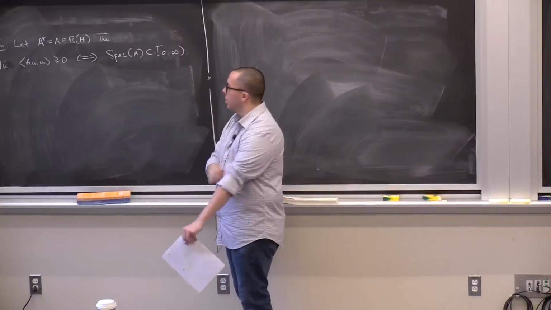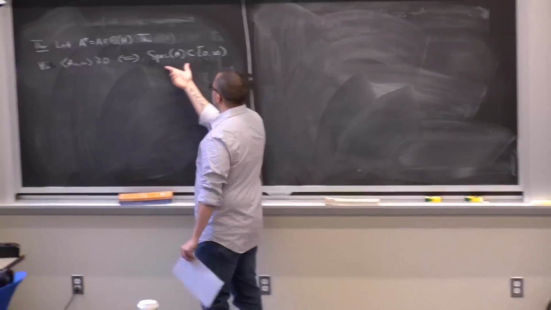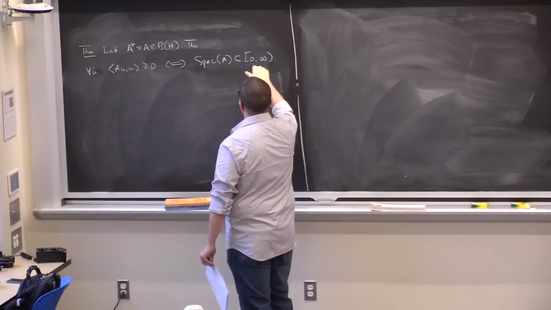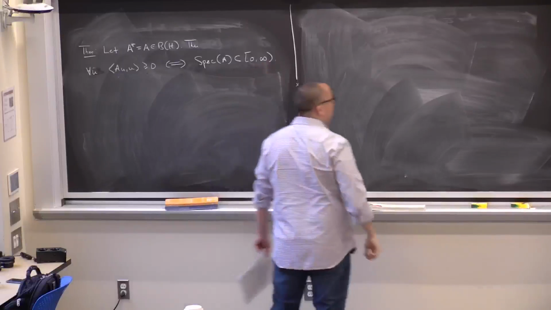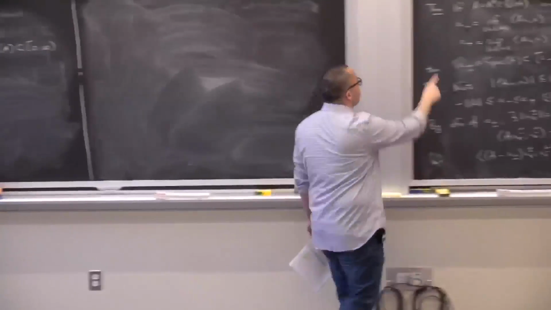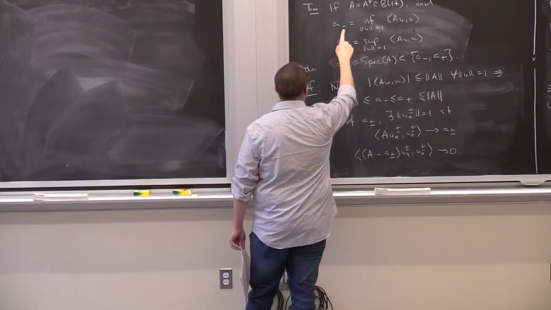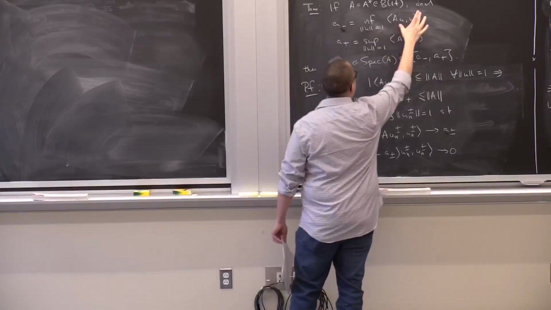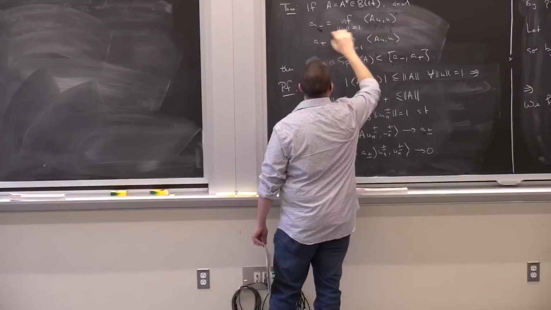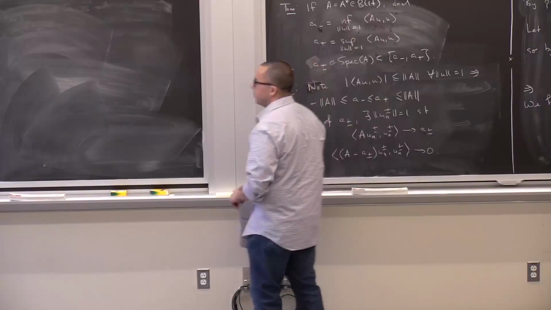On the other hand, suppose that the spectrum of A is contained in here. Then A minus, which is in the spectrum, has to be in the set of non-negative real numbers, and therefore the inner product of Au with u always has to be non-negative, since A minus is the inf over all of these.